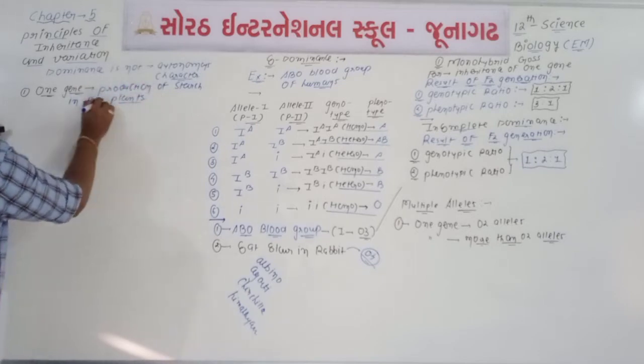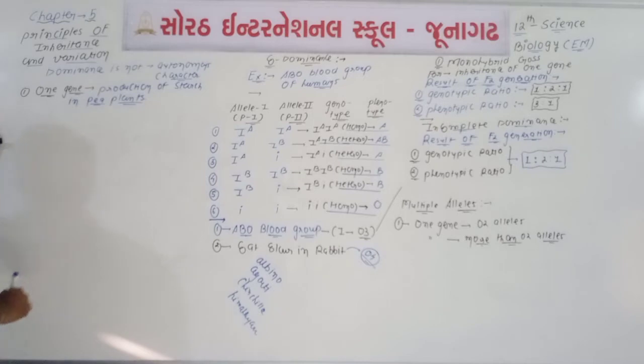When starch is produced, you know that starch is a polysaccharide made up of monomers like glucose. Starch is the last product of the process of photosynthesis. So production of starch in pea plants is controlled by one gene.